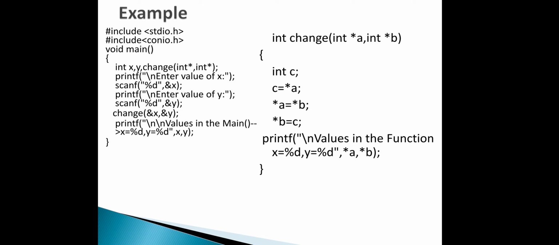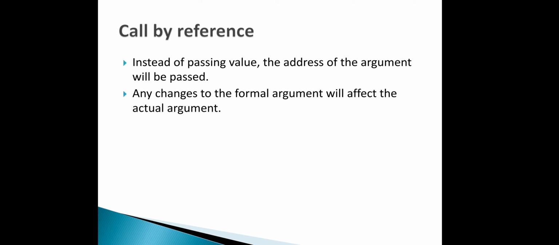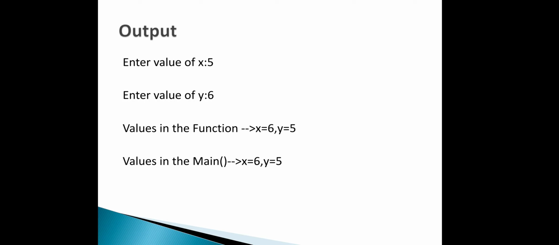Here address operators are used to denote the address of variables. Based on this, we are passing the address of the argument instead of passing the values. This is the output of that program.